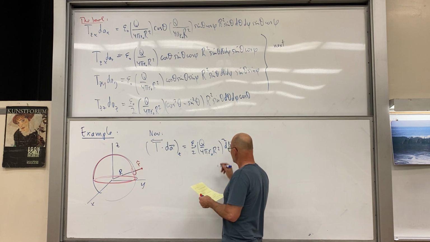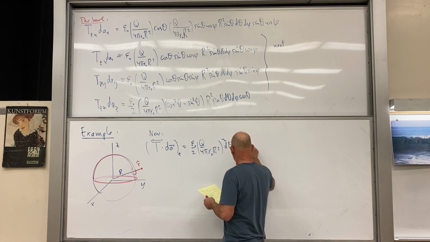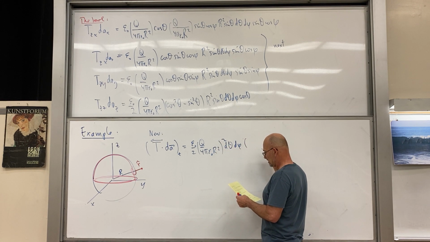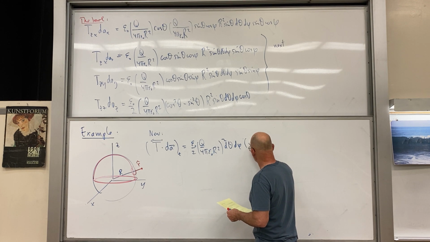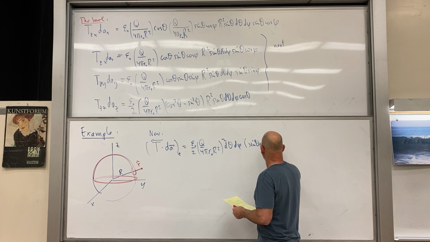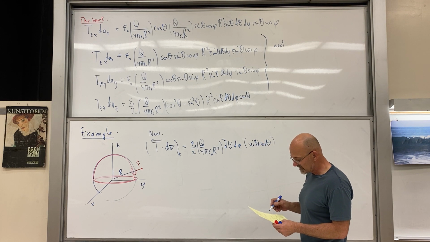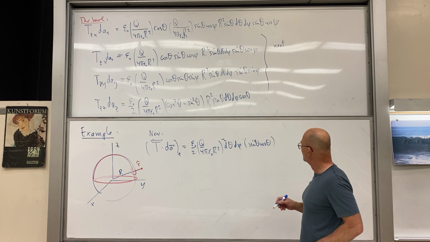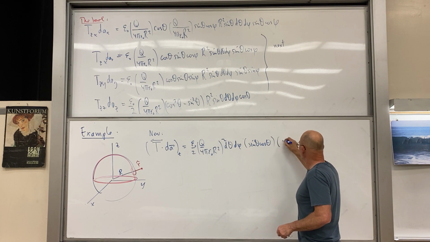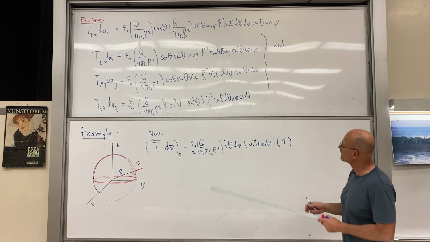We have d theta d phi, sine theta cos theta, and everything else turns into a 1 times 1. So let's have a quick look at this.